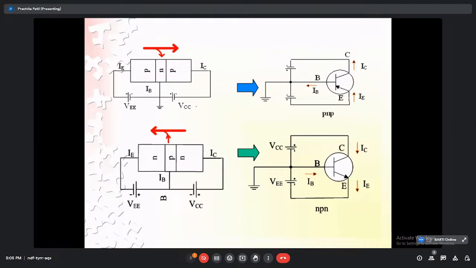In that way, we can understand very easily how the current will flow in a common base configuration. If we have a PNP, the emitter current flows, passes through the base, and again we get the collector current. Here also the base is common.